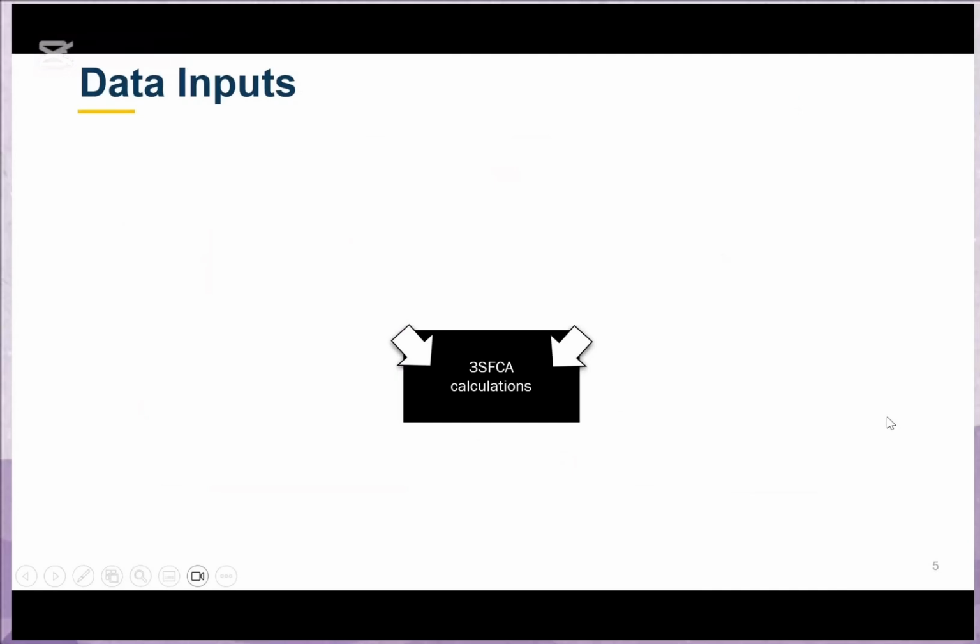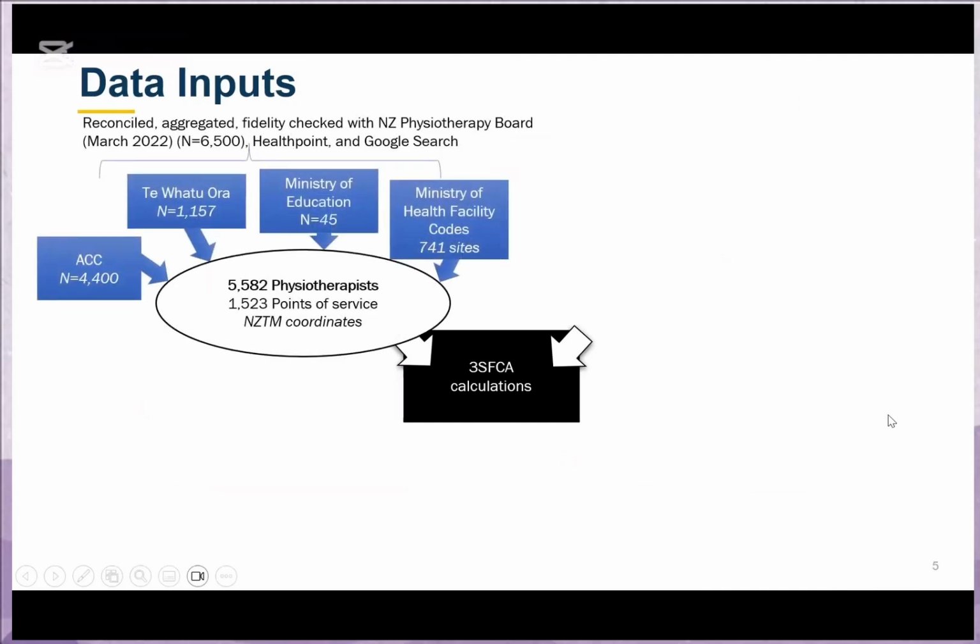What are the data inputs for this? We identified 5,582 physiotherapists delivering care from 1,523 facilities, and this represented about 92% of physiotherapists practicing at that time. As there's no central source of physiotherapy workforce geographic data, we manually collected and reconciled from 7 different sources.